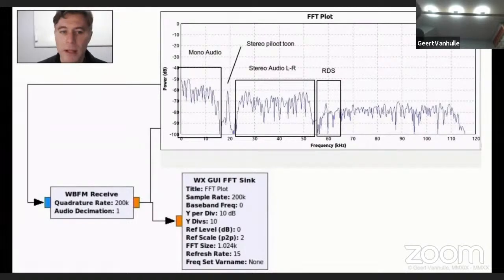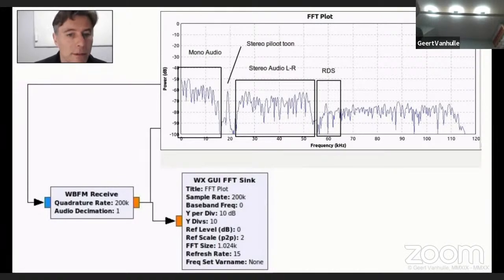It's typical in a stereo FM signal, we have more than just the audio. We have the mono audio, which we typically find between 0 and 17 kilohertz. That's the normal audio. We can feed that directly to a speaker via an amplifier, of course.